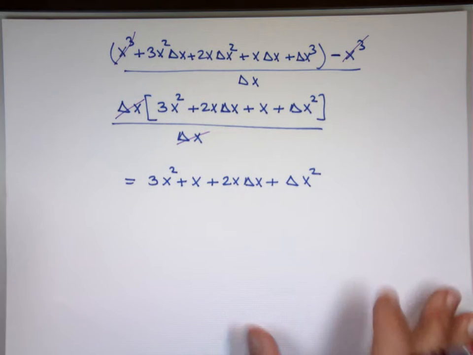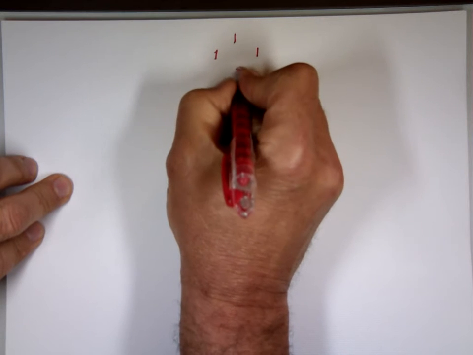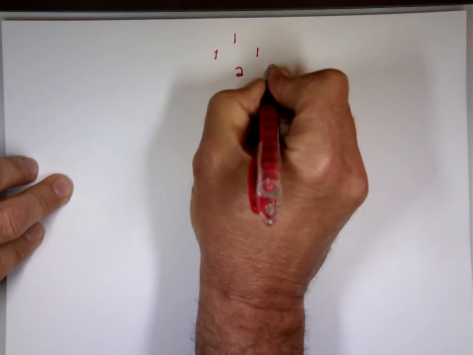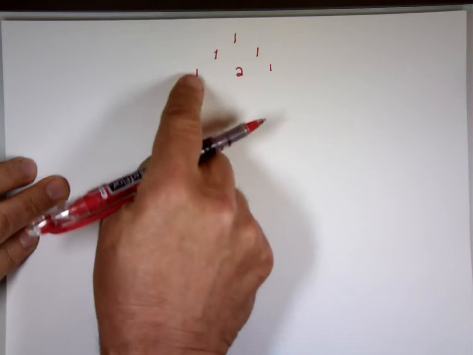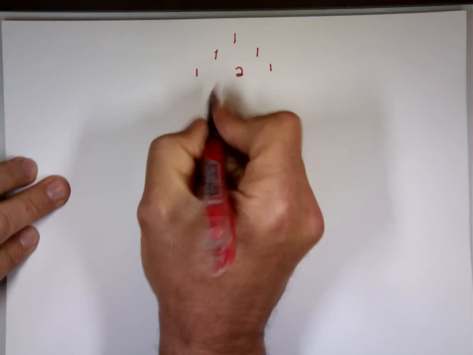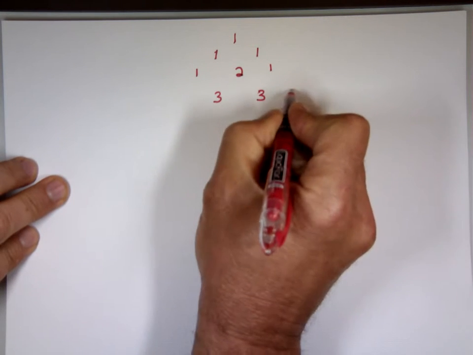And the Pascal Triangle starts with having 3 ones. Start with that. What's 1 plus 1? 2, right? 1's on the outside. Always 1's on the outside. What's 1 plus 2? 3. What's 2 plus 1? 3. 1's on the outside.